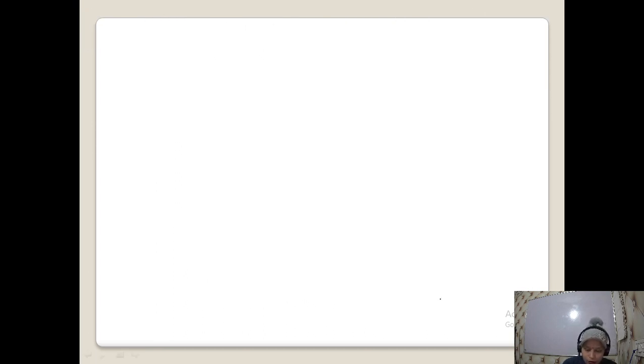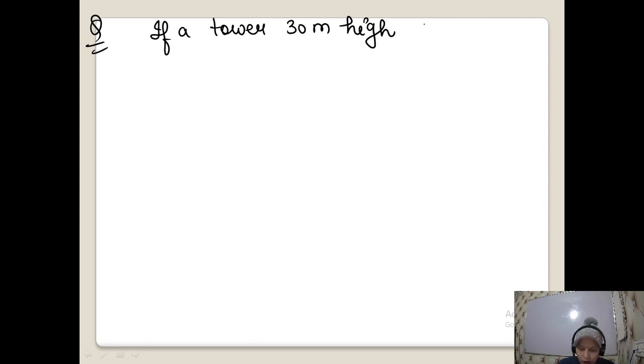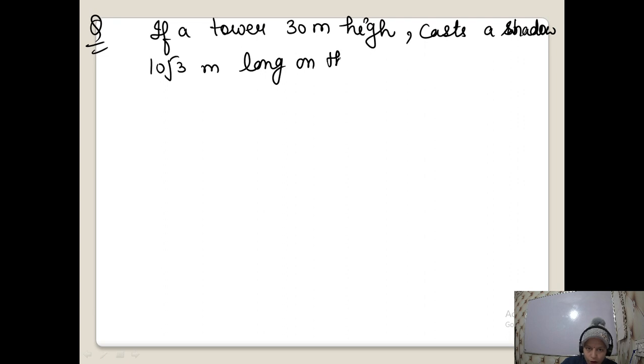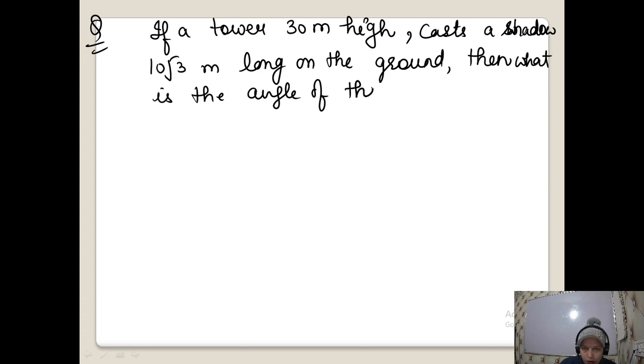Now the next question, that is important according to previous year: if a tower 30 meter high casts a shadow 10 root 3 meter long on the ground, then what is the angle of elevation of the sun?